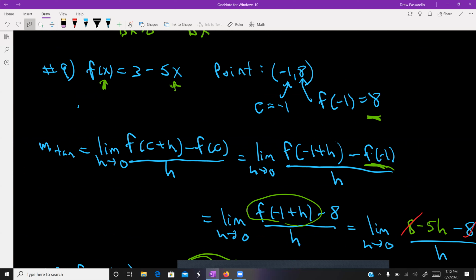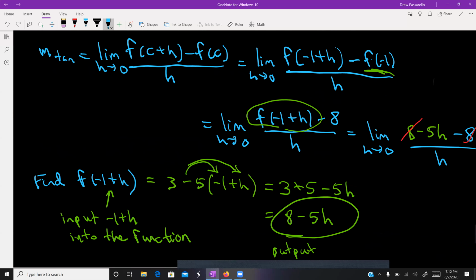The slope of the tangent line is this limit as h goes to 0 of f of c plus h minus f of c, divided by h. c is the x-coordinate of the fixed point in question. In this case, c is negative 1. That means f of c is f of negative 1, and f of negative 1 is the y-coordinate of that fixed point, which is 8. So that's given to us. We don't have to necessarily plug negative 1 into the function, but if you did, you would get 8, because you'd have 3 minus 5 times negative 1, which is equal to 8.